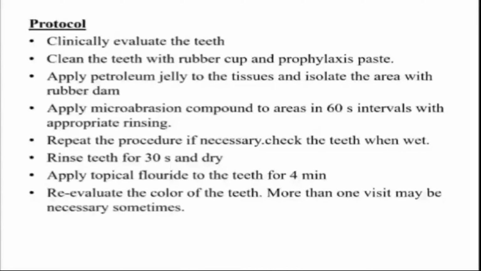Repeat the procedure if necessary, and the teeth are rinsed for 30 seconds and dried. Topical fluoride is applied to the teeth for 4 minutes, and the color of the teeth is re-evaluated, and if more visits are needed, then the patient is recalled.